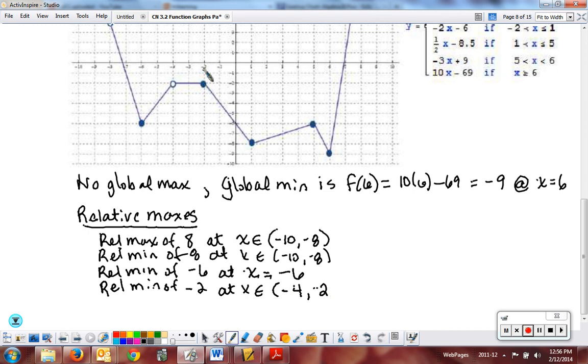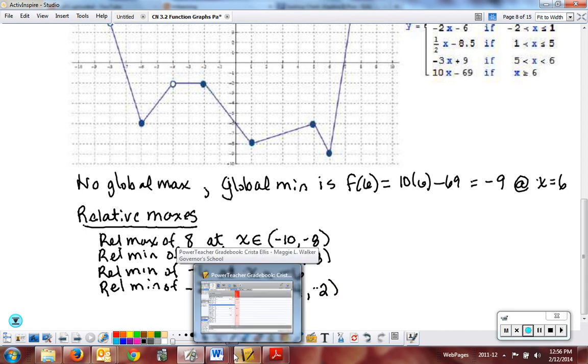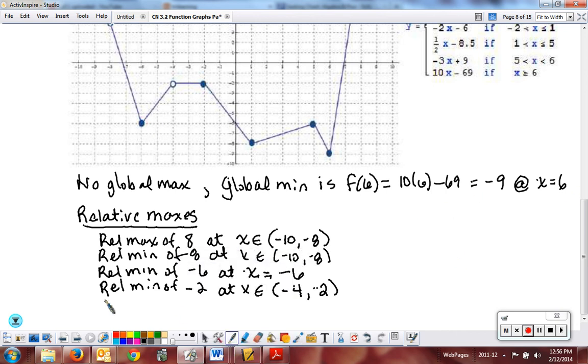I would actually include this one, because look to the left, look to the right. There's none higher than it. The one over here on the right side, it goes down. Oh, sorry, never mind. I'm doing relative min. Open, relative min, which should foreshadow my next one is relative max. Now I'm going to put a bracket. X element of, does everybody see the difference between why I want to do a bracket versus a parenthesis for one of those? It all depends on what happened on the right side, whether it went up or it went down.